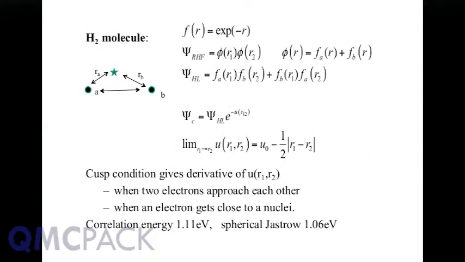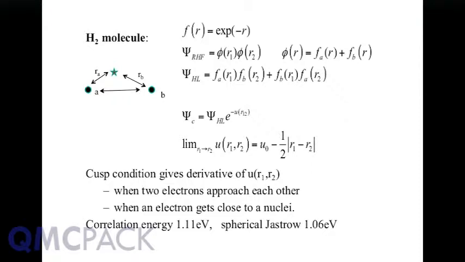Here is the simplest case of a hydrogen molecule. So A and B are two protons, and I just put one electron here, the star. So you have this distance and that distance. And okay, so the restricted Hartree-Fock wave function, you would write it as a product of orbitals for the two electrons, R1 and R2.